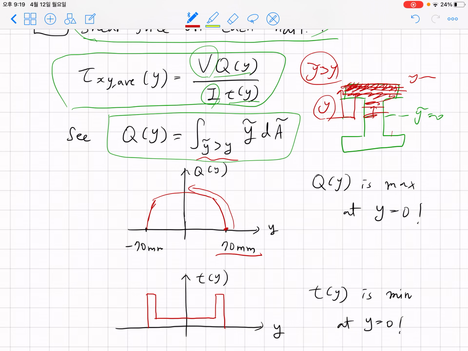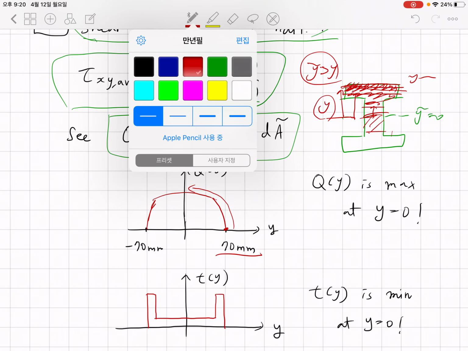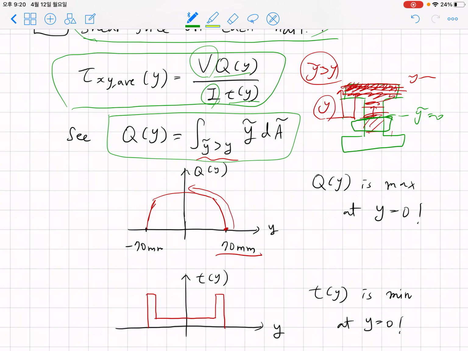Now when y tilde becomes smaller than y, when you have to integrate within this zone, you have y tilde, which is a negative value, because you are integrating a negative value, and dA is always positive because dA is the area.